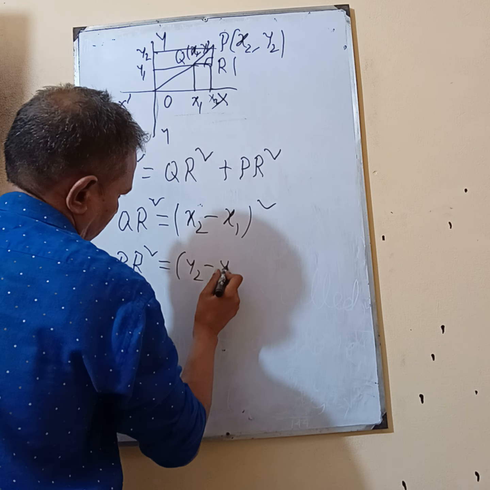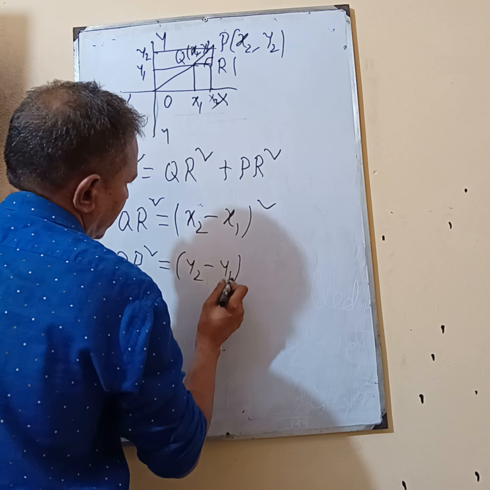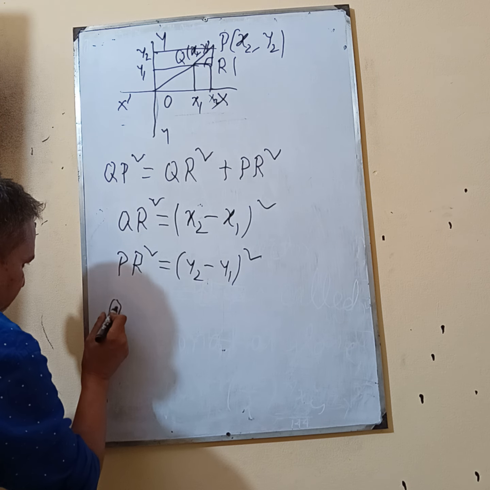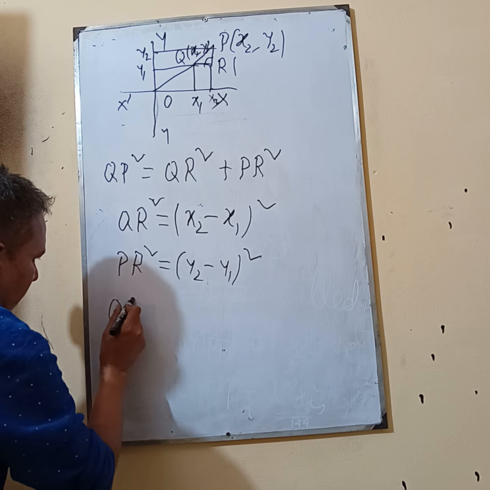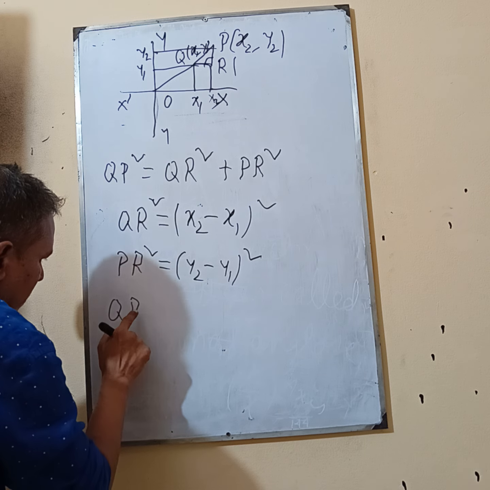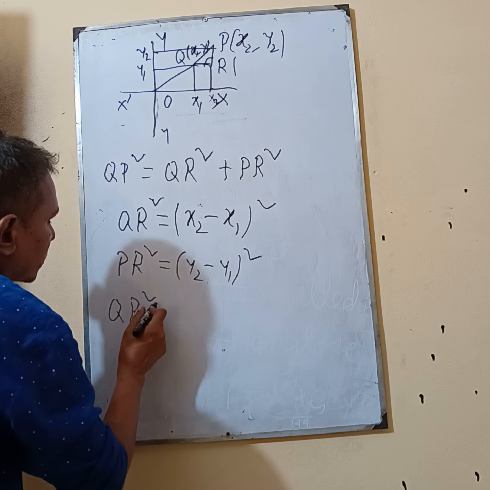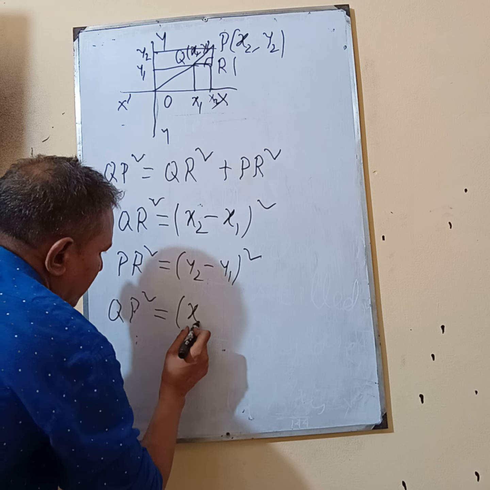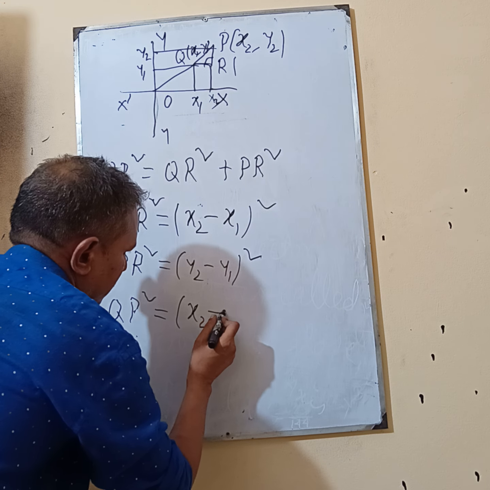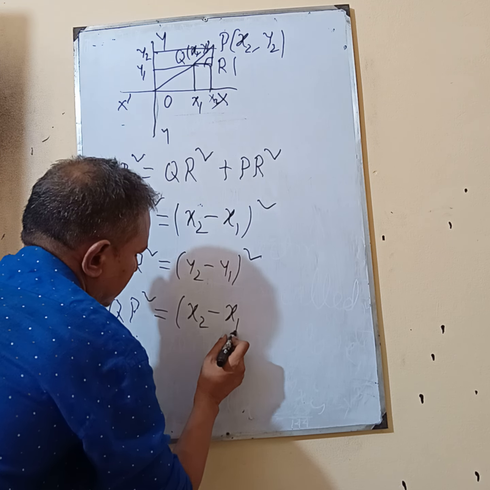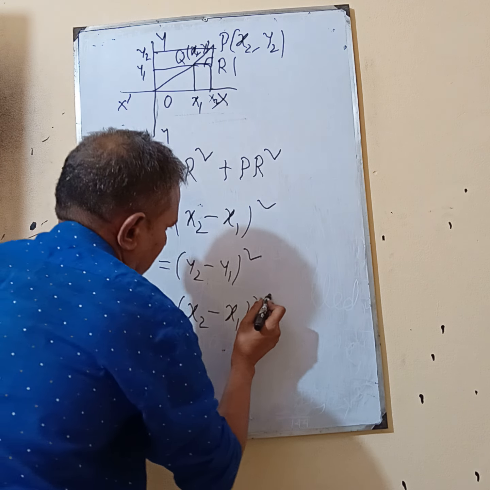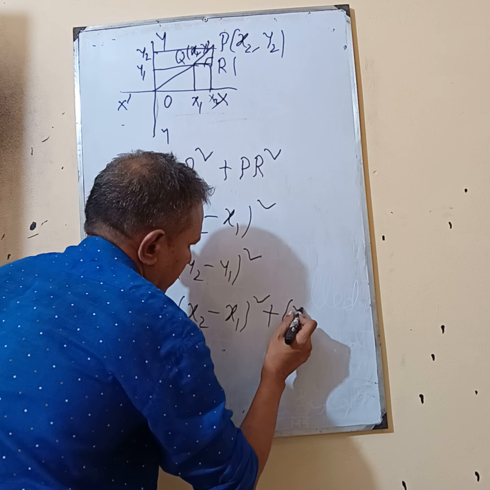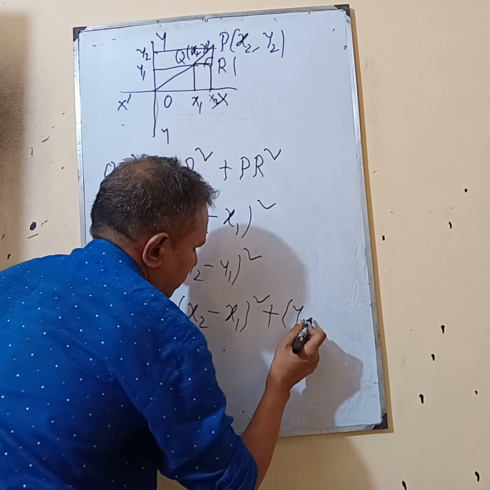So QP square equals (x2 minus x1) whole square plus (y2 minus y1) whole square.